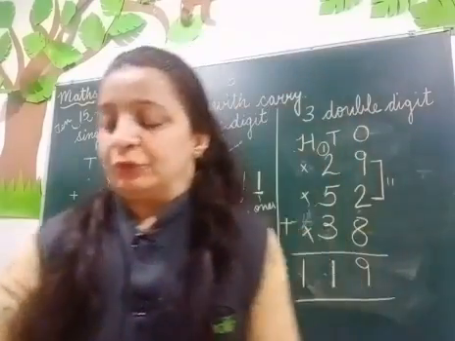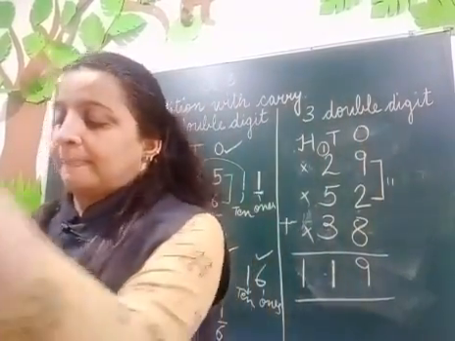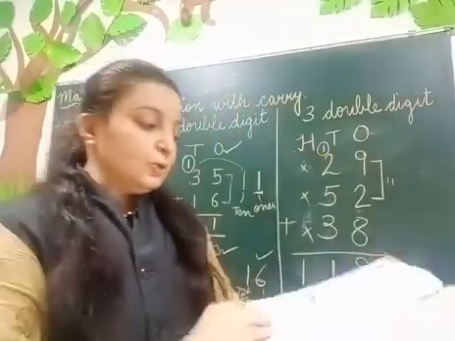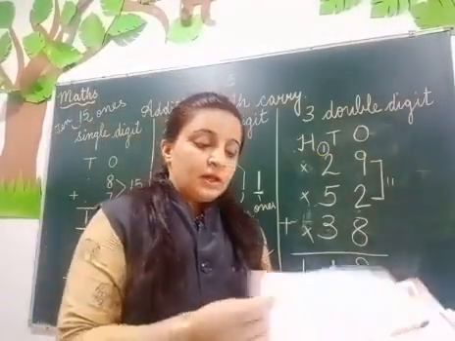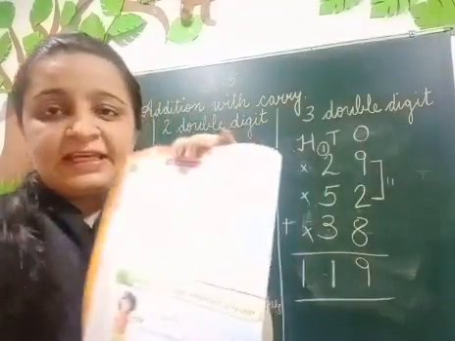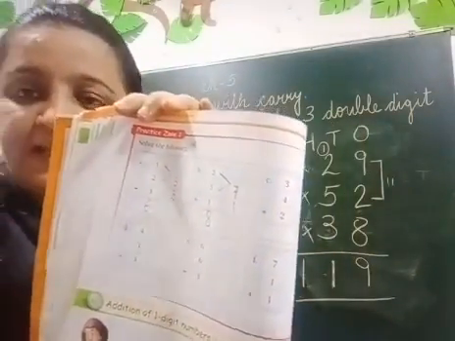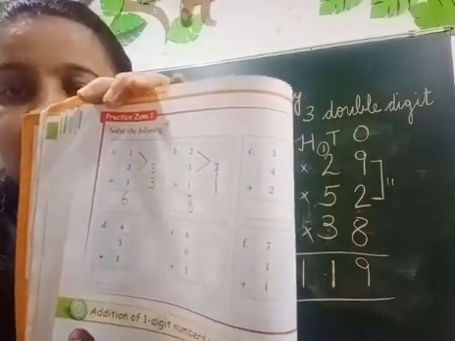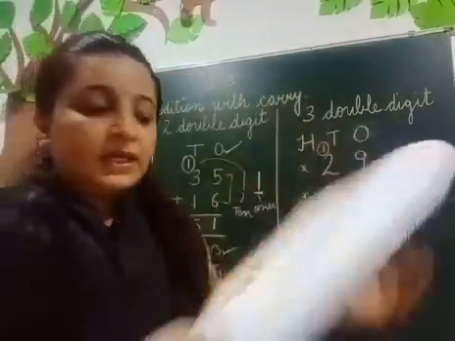Now, what you have to do, children? In your Discovering Maths book, you have to do Practice Zone 1. Practice Zone 1 is very easy. You have to add 3 single digit numbers, okay? You can do it in homework. Okay?